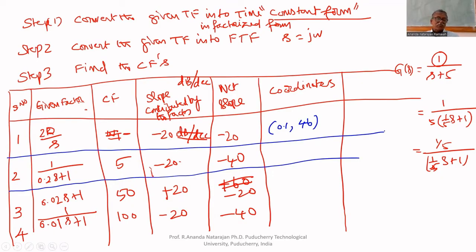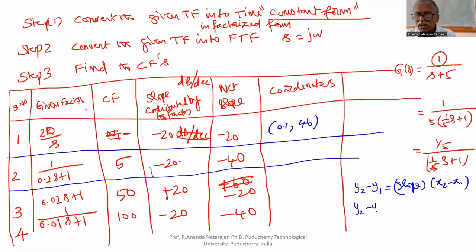0.1, comma 46. Next coordinate, what is the equation for a straight line? y2 minus y1 equal to slope multiplied by x2 minus x1. This is the equation for a straight line. These are all straight lines, that's why we can write the equation like this.